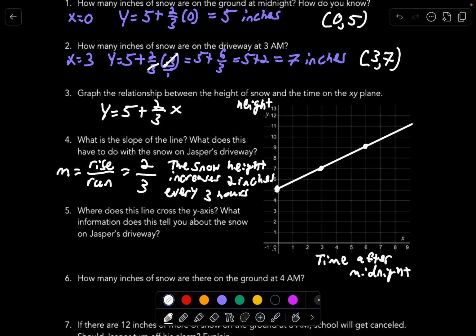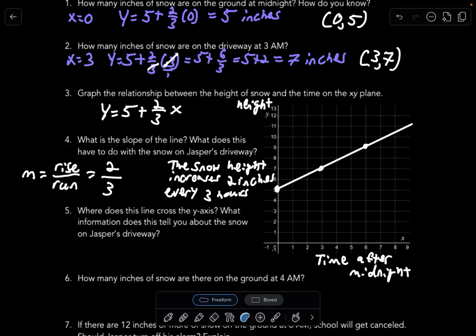That's what the slope means. Remember, slope is rise over run. Rise is the height, which is in units of inches. So I can write the units for this. This is inches. And the x is time in hours. So it's inches per hour. And that is a rate.